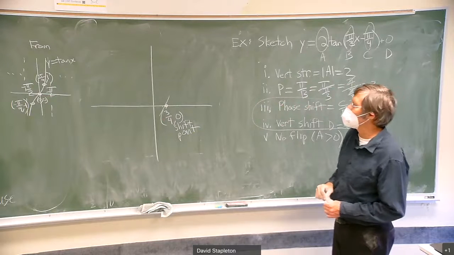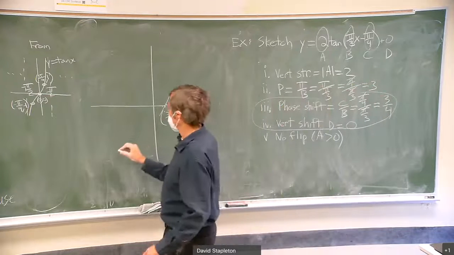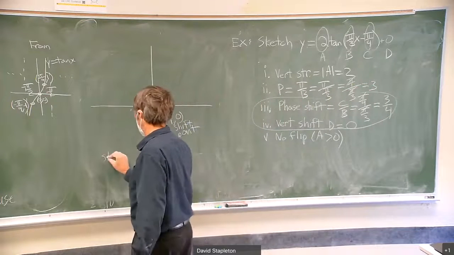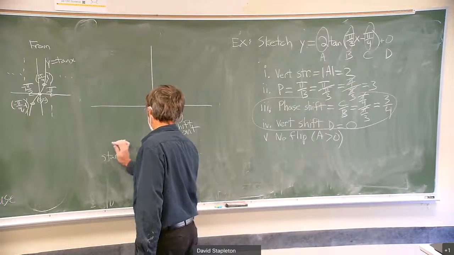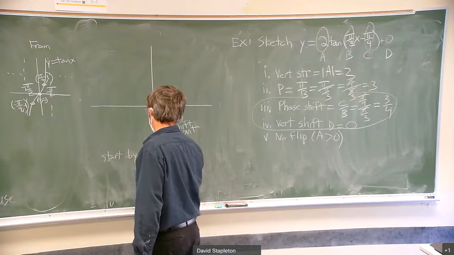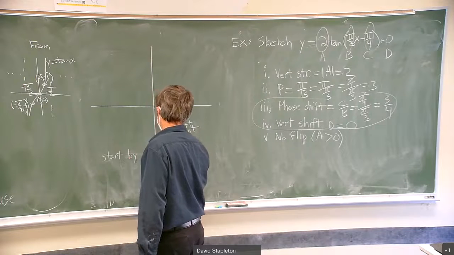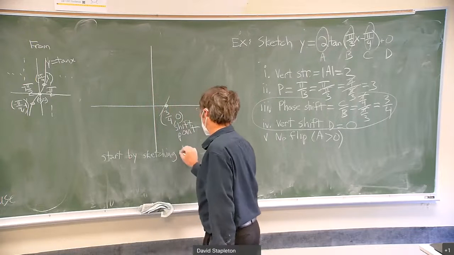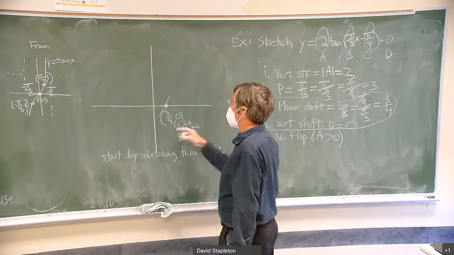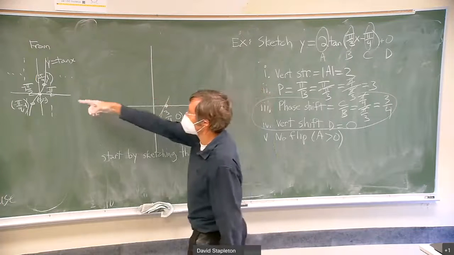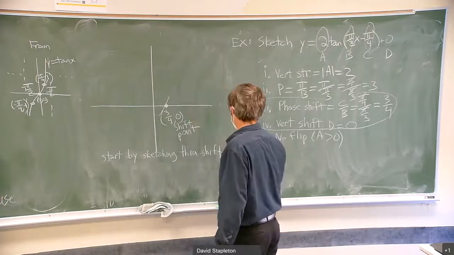But here's the trick on tangent people like to use. Start at the shift point, by drawing the tangent through it. Up if it's unflipped, down if it's been flipped upside down by a negative in front.